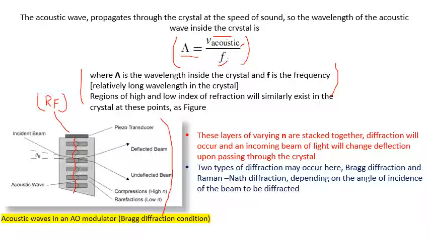Like in the air, when sound travels, somewhere it is compressed, somewhere rarefied. So you can see compression, rarefaction, compression, rarefaction. And strains are produced, which are called strains as well. In the case of compression, the index of refraction is high, and in the case of rarefaction it is low. This is one of the reasons how the light is deflected. It can be undeflected, it can be deflected, according to the refractive index that is generated.